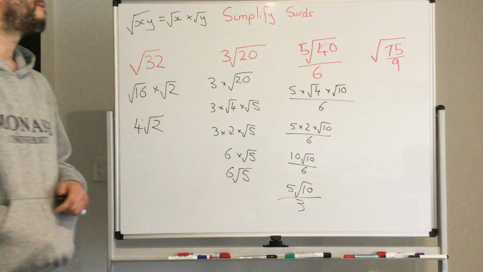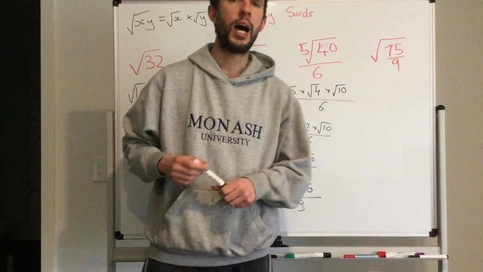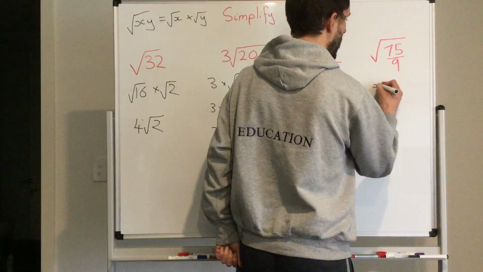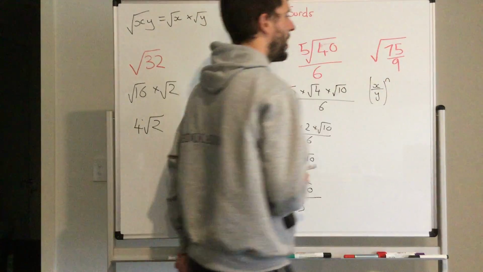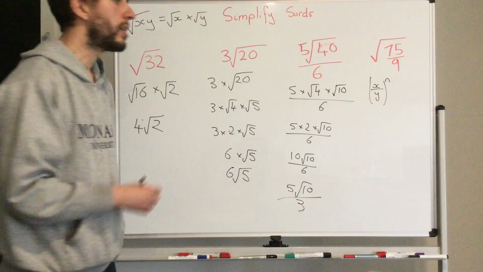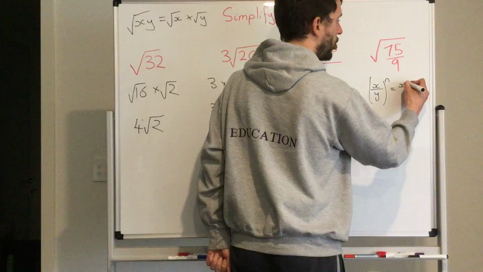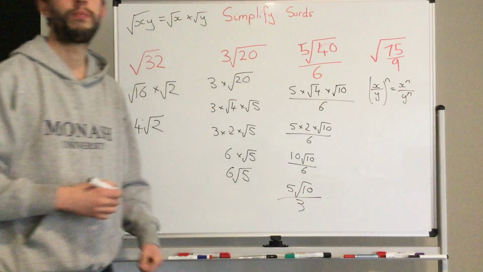When we're looking at our final surd, the square root of 75 divided by 9, what do you think about our index laws, where if we had x over y to the power of n, when the whole fraction is squared, that's the same as saying the numerator is squared and the denominator is squared.